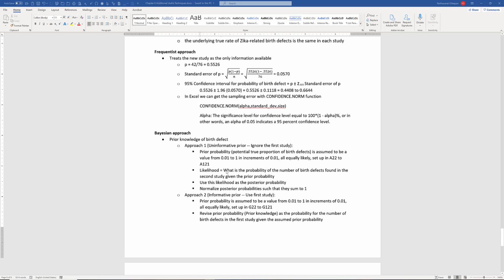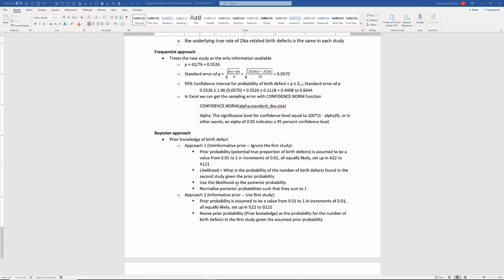That is our likelihood. What is the probability of the number of birth defects found in the second study given the prior probability of say 1%, 2%, 3%, 4%, and so on? That would be our likelihood, and we use this likelihood as our posterior probability.